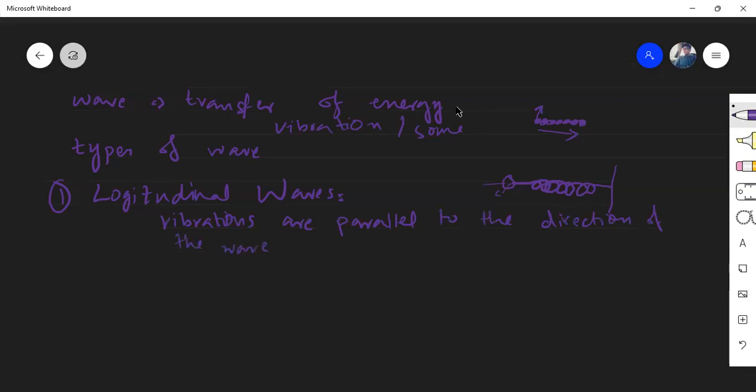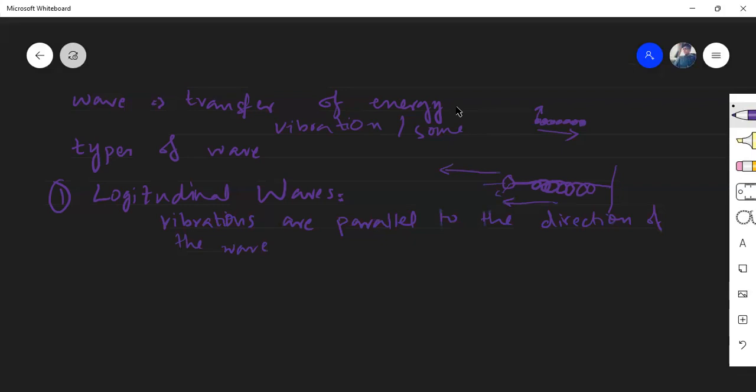In this case, you will apply force in this direction, and the direction the wave travels in within the spring, which causes the spring to extend, will also be parallel to this. So the vibrations are parallel to the direction of the wave that it travels, and such waves are called longitudinal waves.